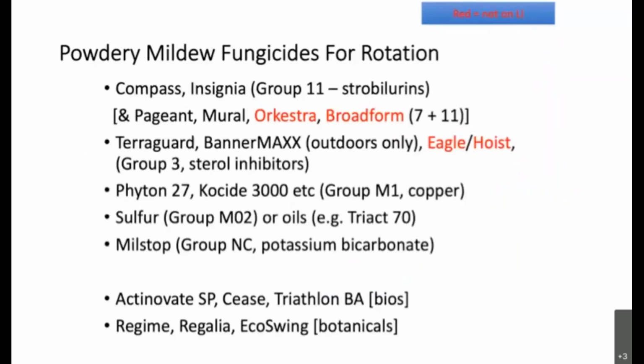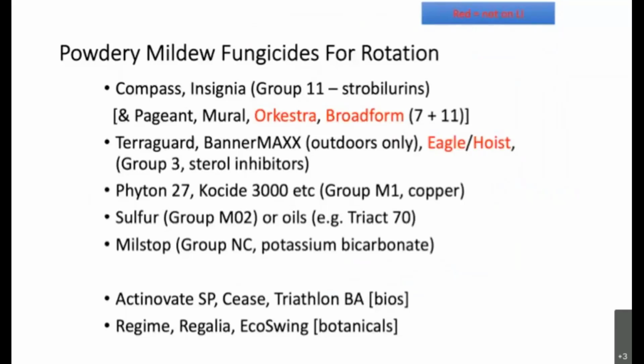that are part of the life cycle of the fungus you don't usually see in the greenhouse. Here are the chemicals that you would want to work with for powdery mildew control. One thing that you'll notice that's in common is that the strobilurins work very nicely against powdery mildew, just as they work very nicely against downy mildew. And you'll also see the group 3 materials. Indoors, you'd have the option of working with TerraGuard.